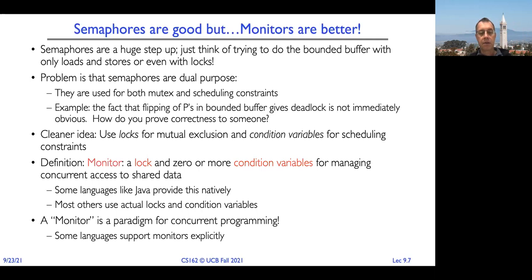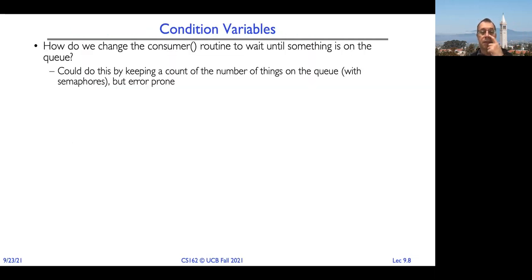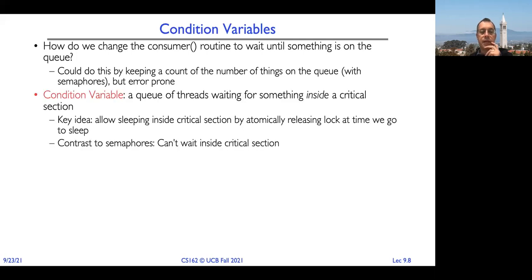Okay, so some languages provide monitors, and let's see what condition variables are. What is a condition variable? It's a queue of threads waiting for something inside a critical section to happen.